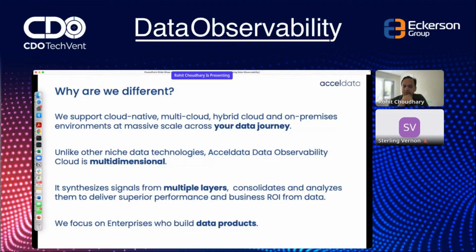The reason we are able to do this is because we synthesize signals from multiple layers, consolidate and analyze them, and deliver superior performance and business ROI from data. We're focused on large enterprises with severe amounts of complexity in their data, although smaller companies can also benefit from individual layers.